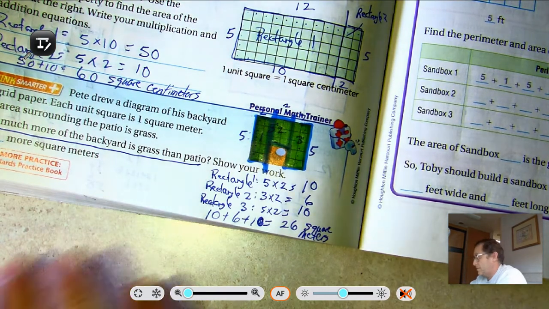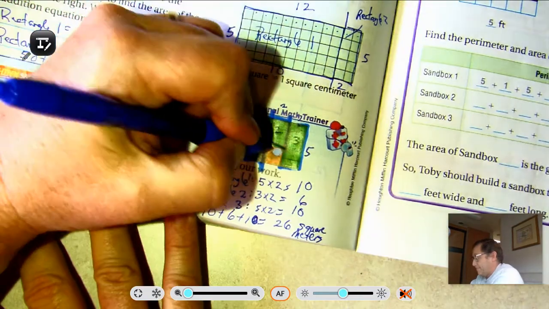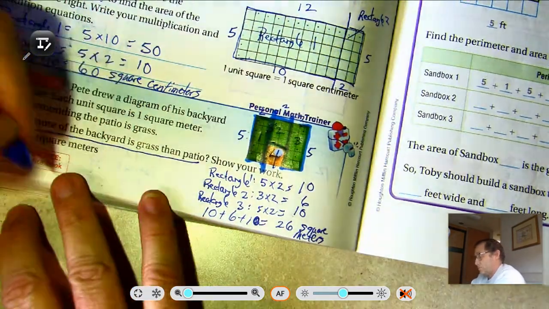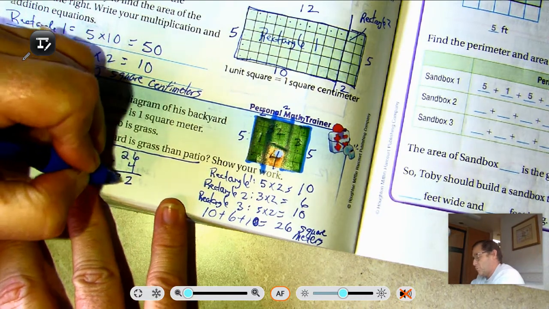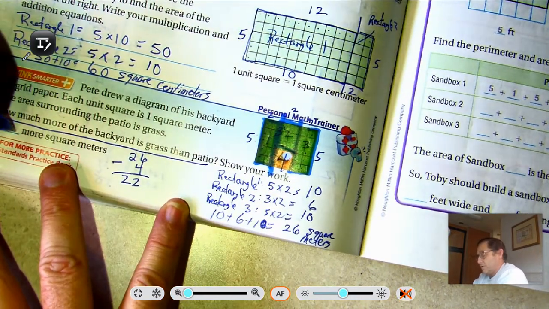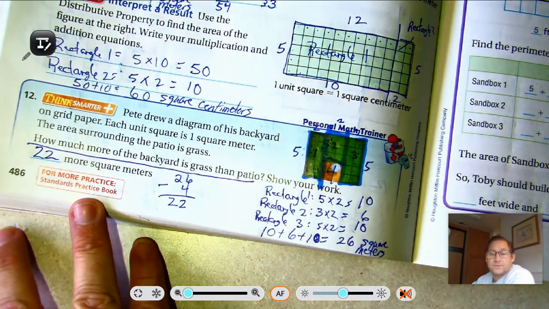What's the patio? The patio, it's just quick to just add them up. That's 4, right? 4. So 26 take away 4. 22. There are 22 more square meters of grass than there are patio. Should I check to see if there's actually 30 squares?